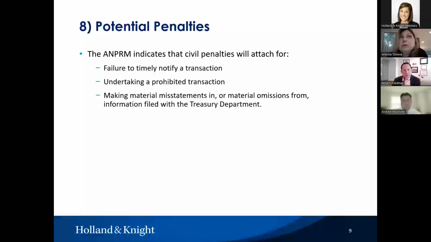These all sound very familiar. Again, the two parallels we have are the CFIUS regulations with recently published guidelines on penalties, and we have OFAC sanctions programs with very well-established rules on the type of sanctions imposed.